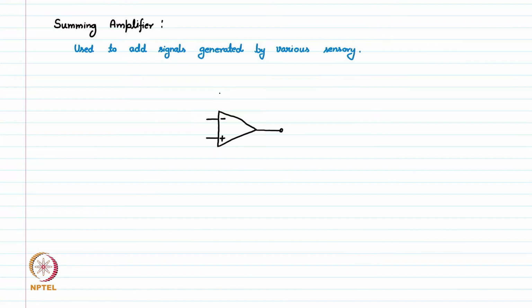In a summing amplifier we have one feedback resistance, and then we have, let's say, 4 signals we want to use, so we have 4 resistances.